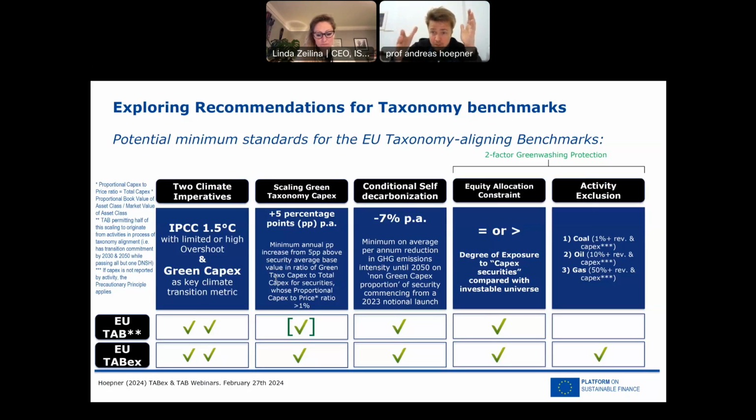Now we have that metric. Why should we give any consideration to the length or the structure of a particular plan? Of course, it's good if a company has a net zero target that does include scope 1, 2, and 3. That would be very good, and that would be very recommendable. It's good if they have a 2030 target that aligns with Decision 17 of the Glasgow Climate Pact, so in essence minus 45 by 2030. All of that is additional information that any benchmark administrator, if they wish to, can add on top of it.